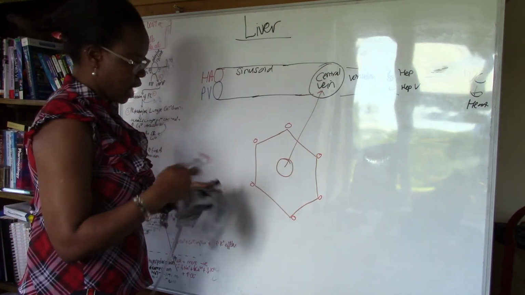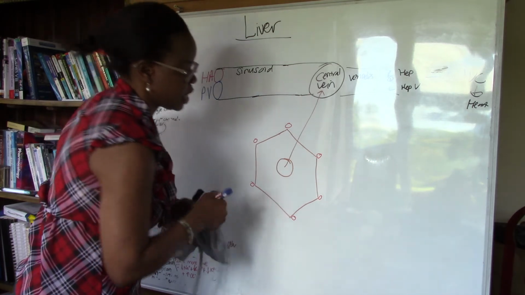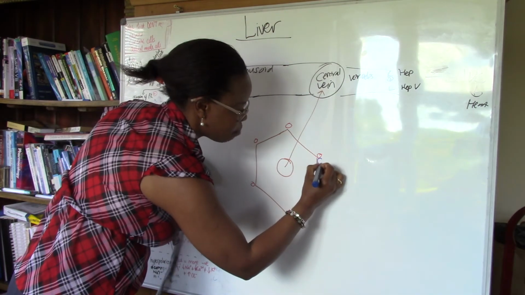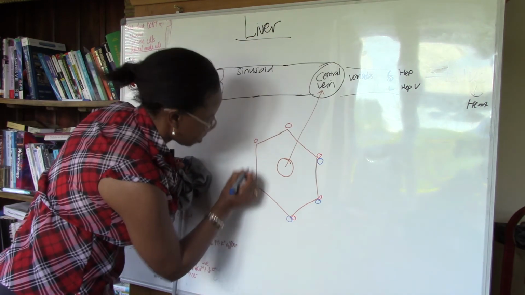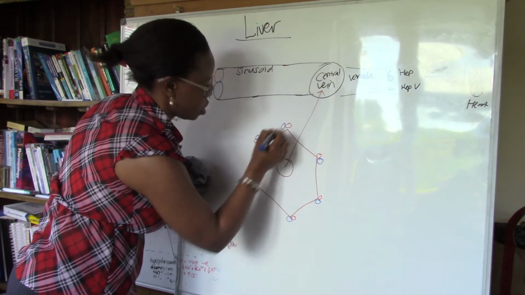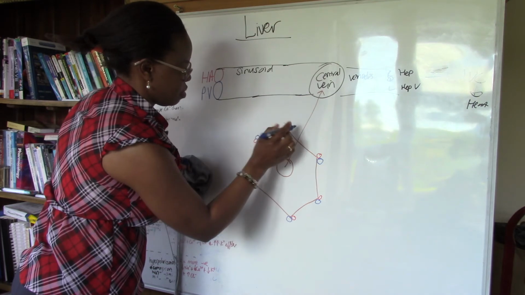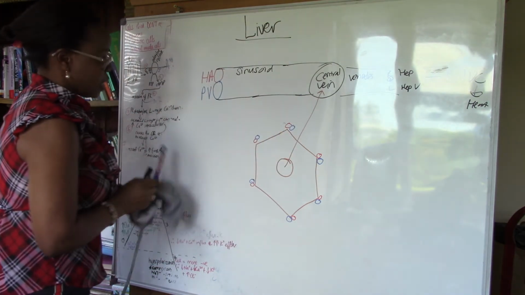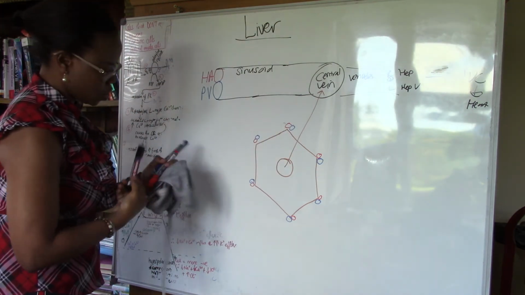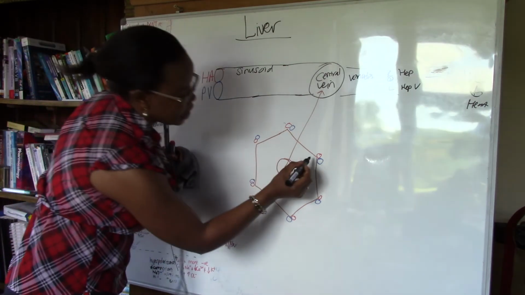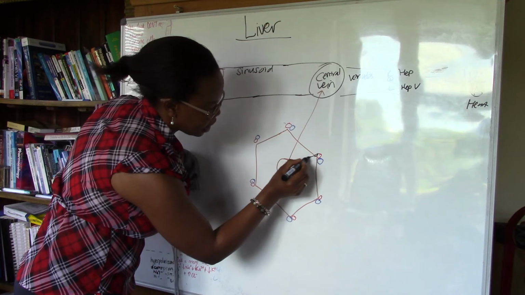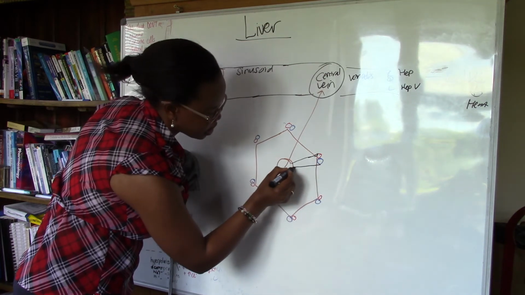This is the way that I try to understand things, by just making them simple, so that then I can build on this knowledge later on. And then the arteriole and the venule drain directly into the central vein via the sinusoid.